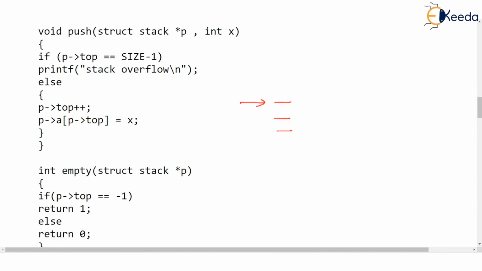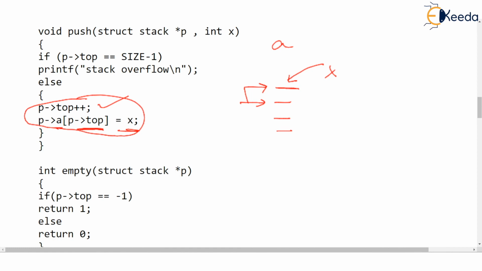This is the topmost, and you want to push a new value, then you simply have to increase this top. So top plus plus, and then in the array A at the topmost place, you have to store X. So the new value will go at this topmost place. These 2 lines are the summary of the push function.